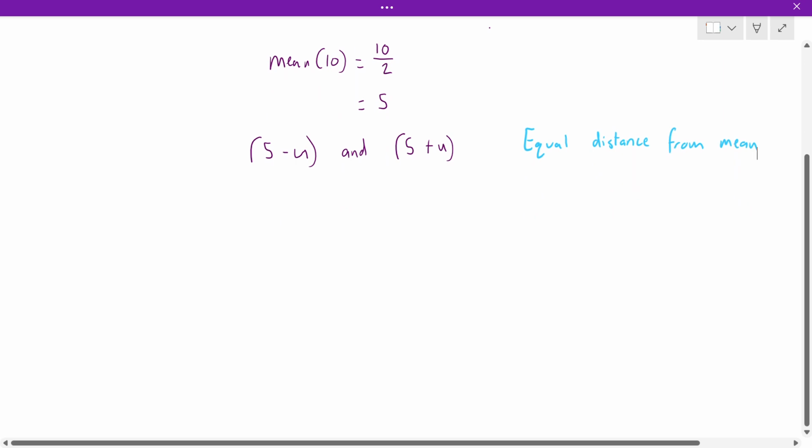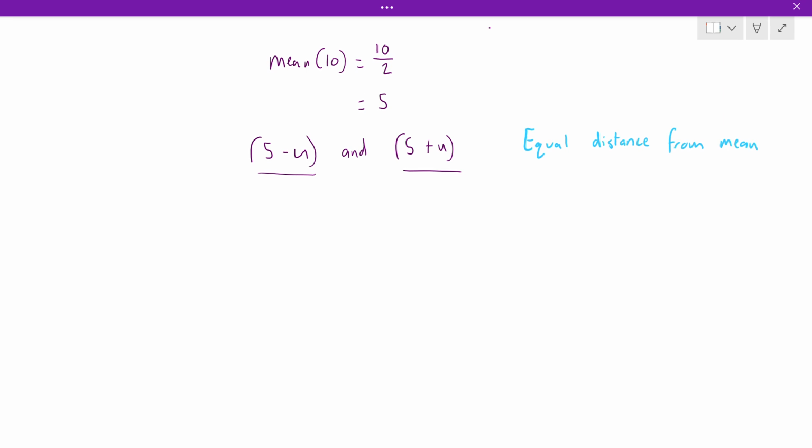Okay. Now we can do some maths with this. If I take these two expressions and expand them, let's see what we get. We get 5 minus u times 5 plus u.